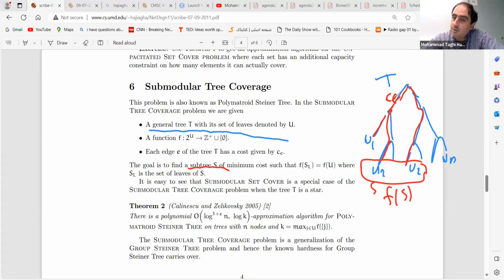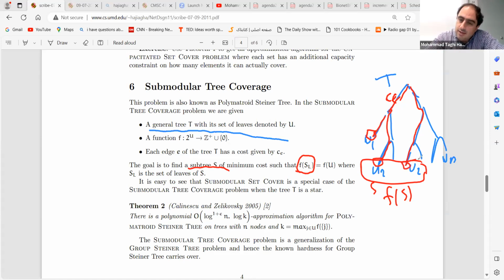So here you essentially want to find a subset of these guys, some of the edges such that they form a subtree, such that f of S of L, what is S of L? So this is for this subset, these are the leaves that you have.